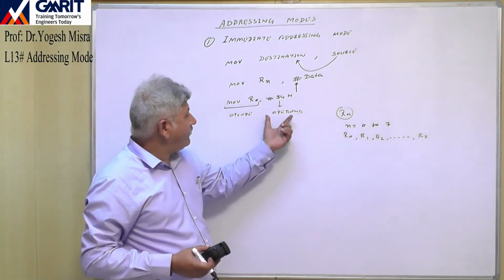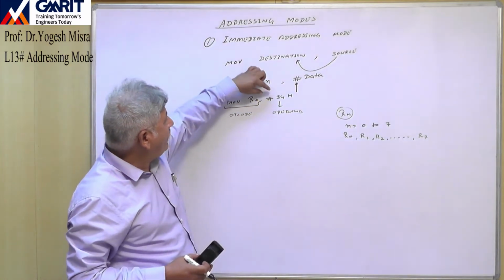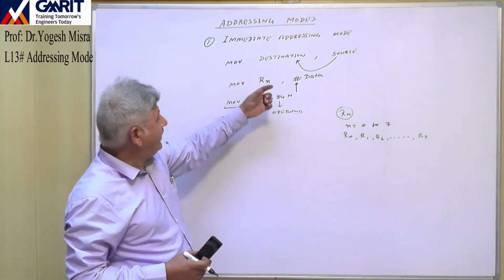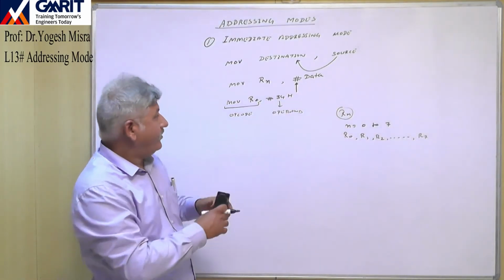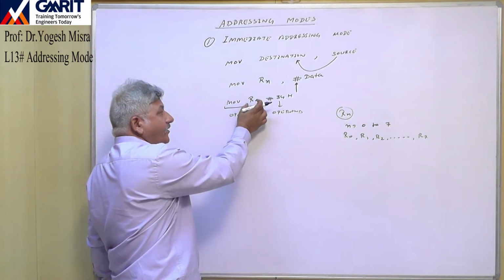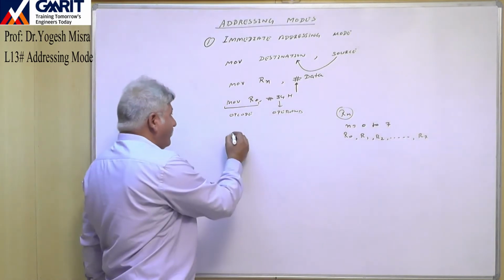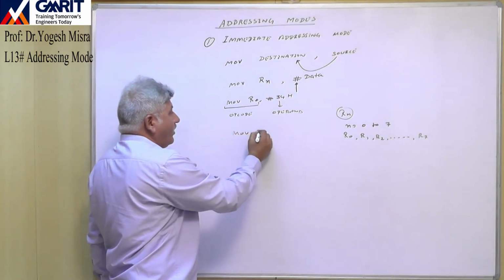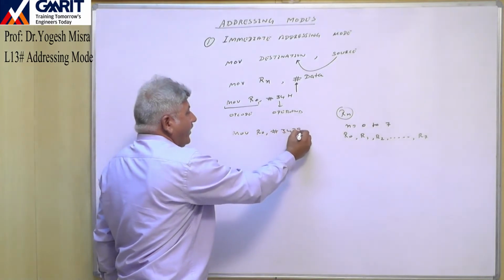Only thing you have to take care of is that the size of the register should match the size of your data. Here this register, we know it is an 8-bit register. So in an 8-bit register you can store only an 8-bit number. You cannot use the instruction move R0, comma, hash 3439H.